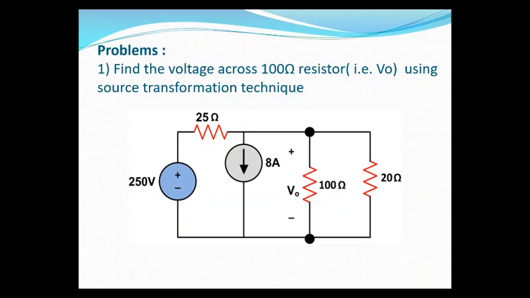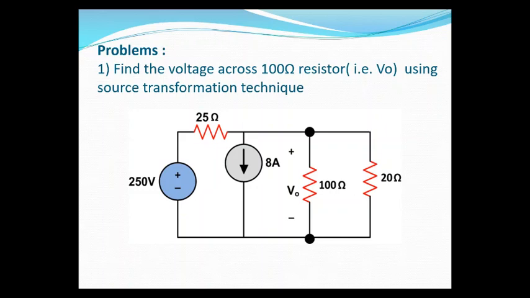Here, 250 volts, I am giving a hint how to do this problem. In this, a voltage source 250 volts is in series with 25 ohms, and an 8 amps current source is in parallel with 20 ohms, and the terminal impedance is 100 ohms here.